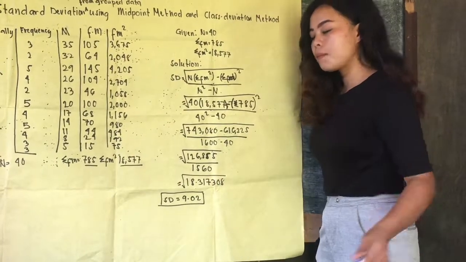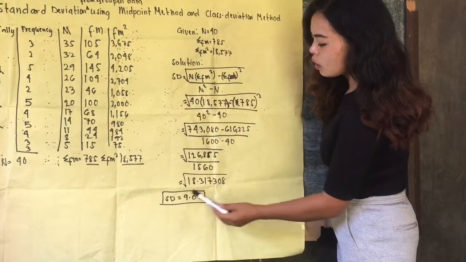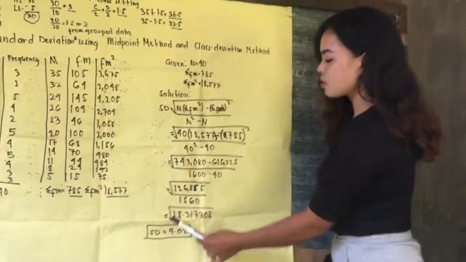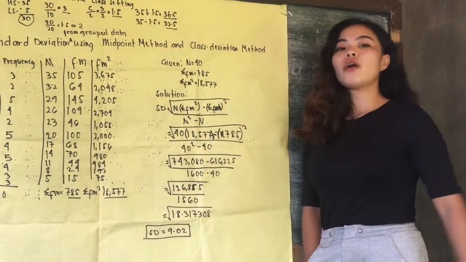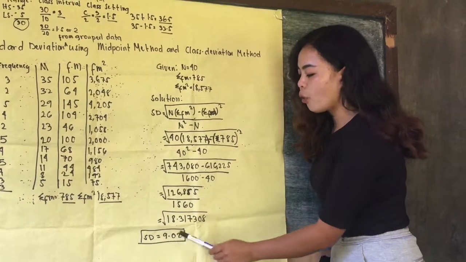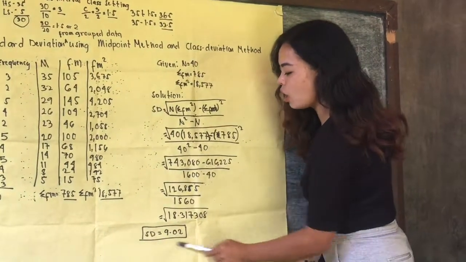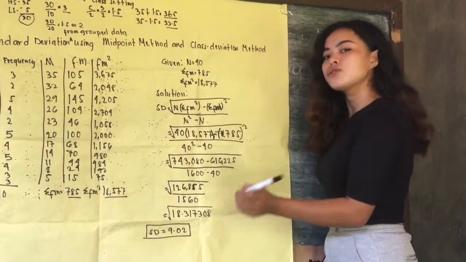So the last step is to get the square root of this value. So the square root of 18.317308 is 9.2. So we have the SD of 9.2.